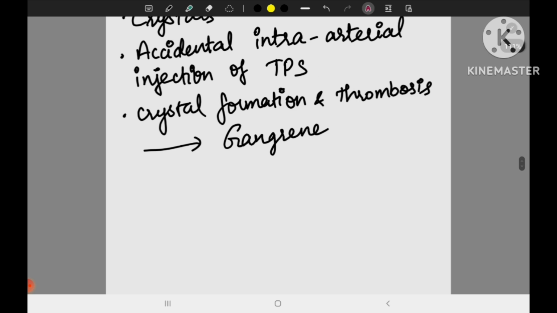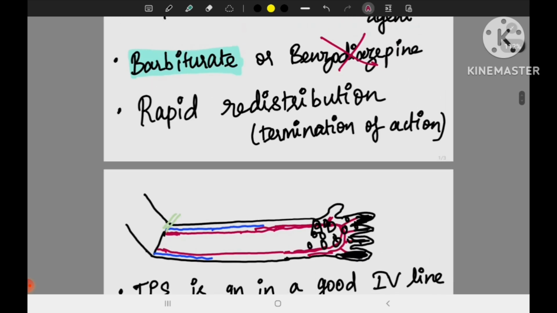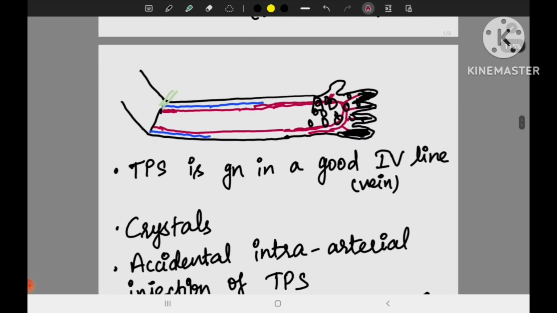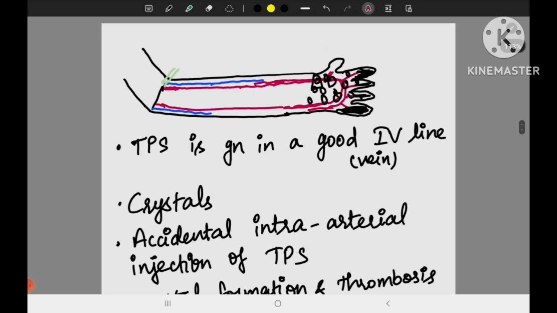If we do this, probably we are saving the limb of the patient. Everyone is thinking, what is he saying, saving the limb of the patient, and what is it, erasing his fingers?